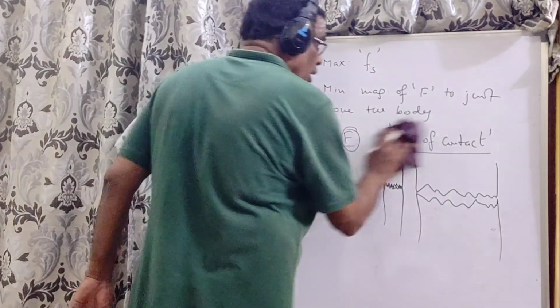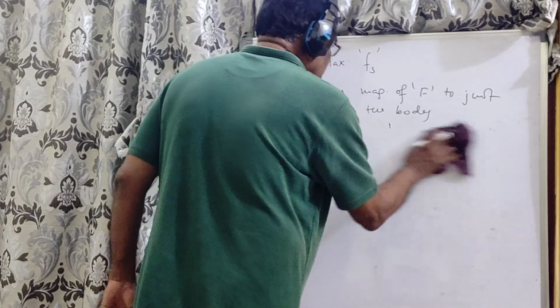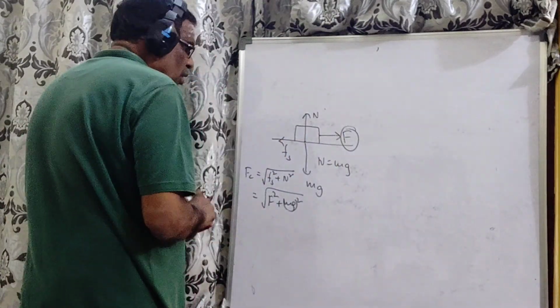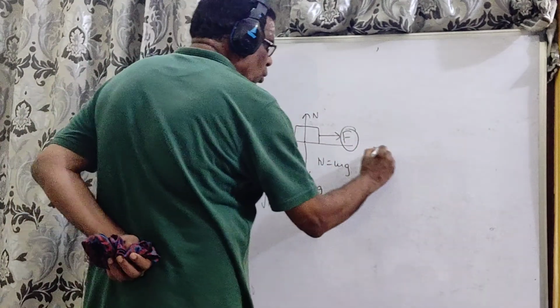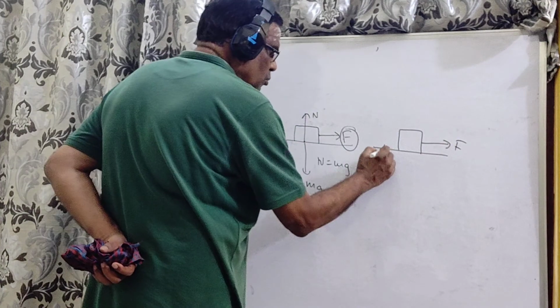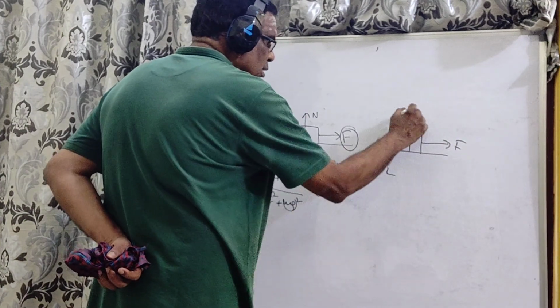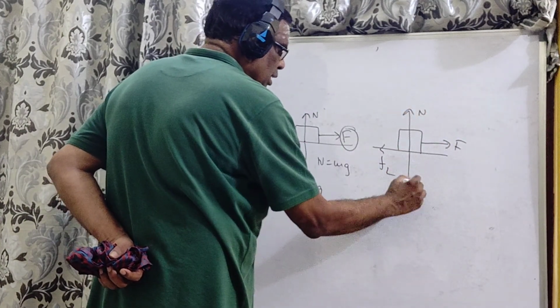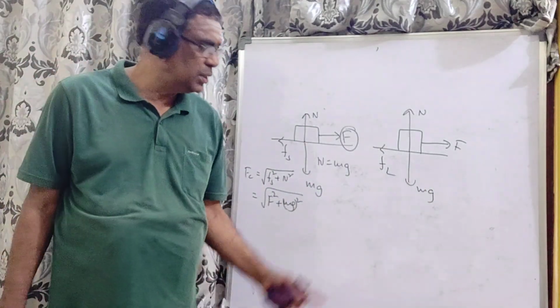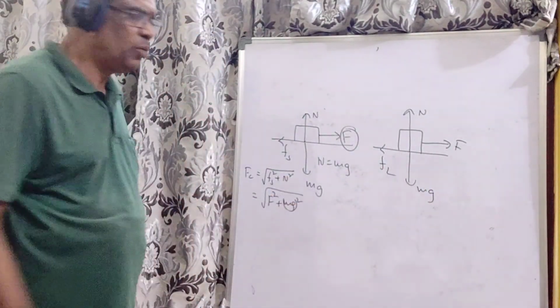Okay? Now, once I apply, if the body is about to move, then I will write Fl there, M here, mg there. How do you write it?